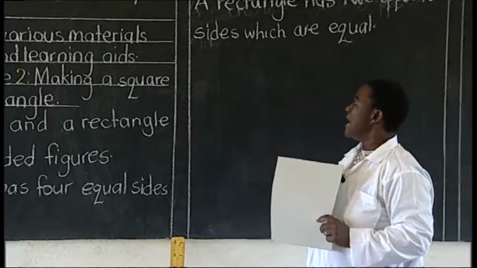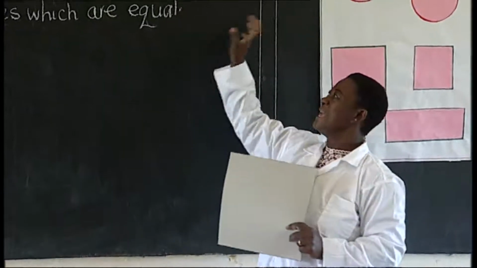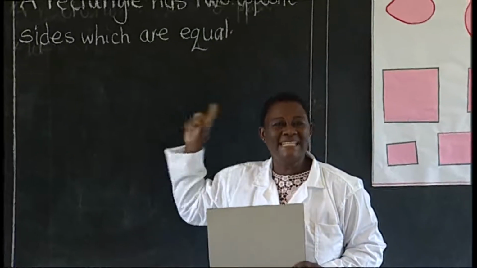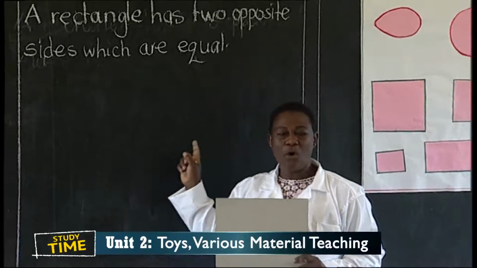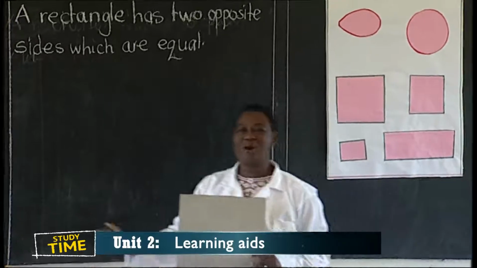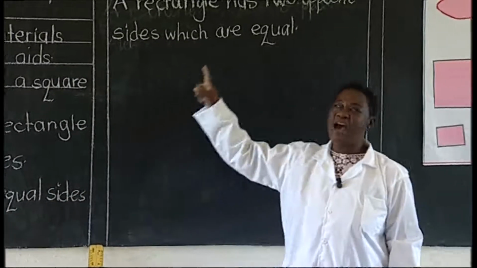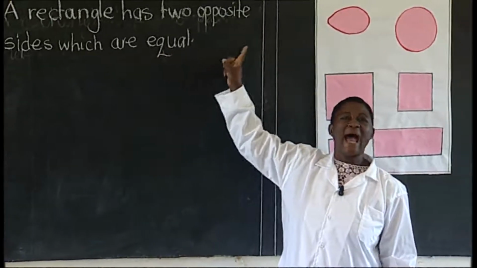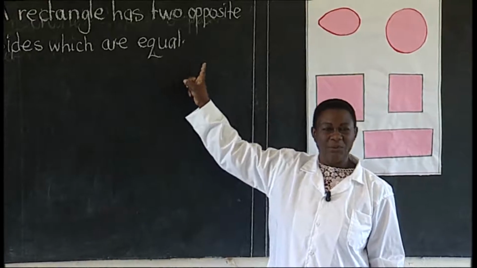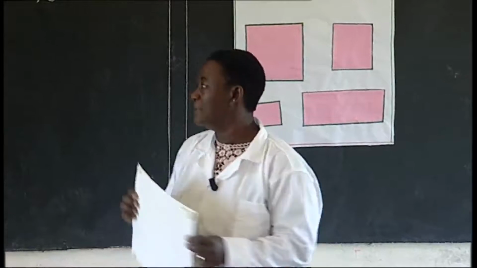When it comes to a rectangle, don't forget it has 2 opposite sides which are equal. Meaning that the measurements we are going to take when making a square differ from the measurements we are going to take when making a rectangle.